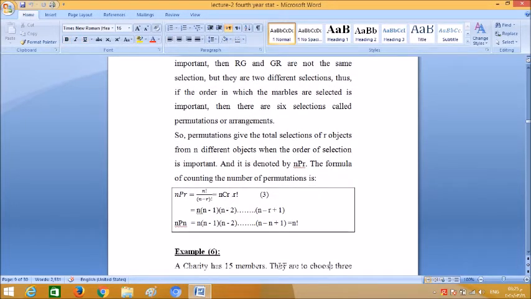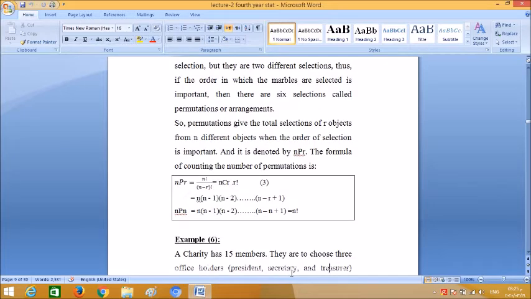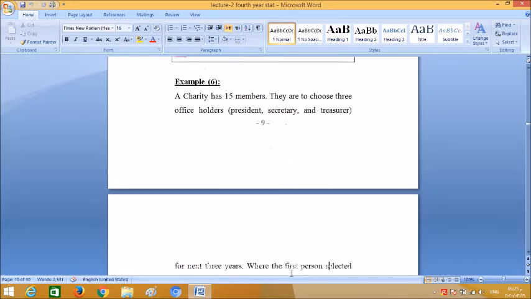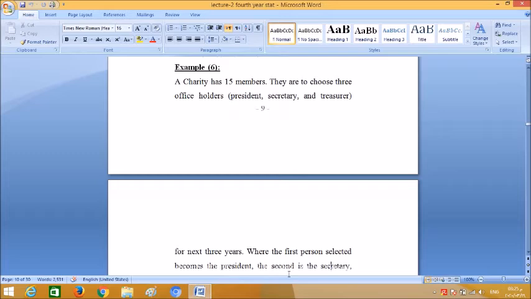Example 6. A charity has 15 members. They are to choose 3 officeholders, president, secretary, and treasurer, for the next 3 years, with the first person selected here.